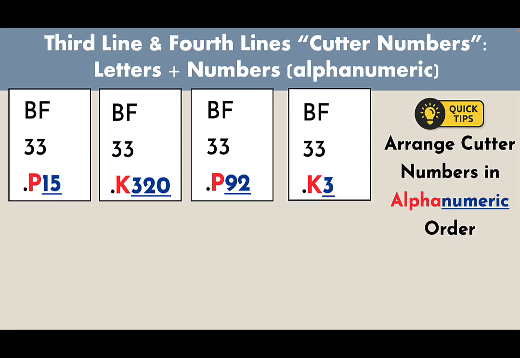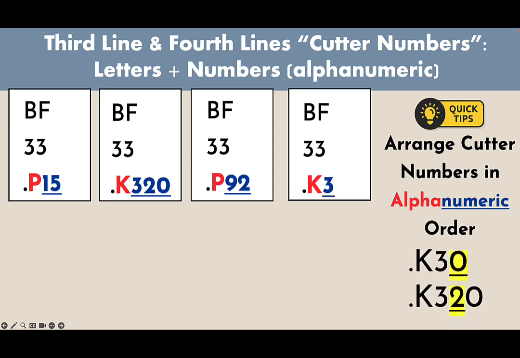Remember, we read a call number line by line. Here, I know that the first two lines of the call numbers are exactly the same, so I'm going to focus only on the cutter numbers. I know K comes before P in the alphabet, but which of these Ks comes first? When I read from left to right, I know that they have threes in the same place, so I move on to the next place value.